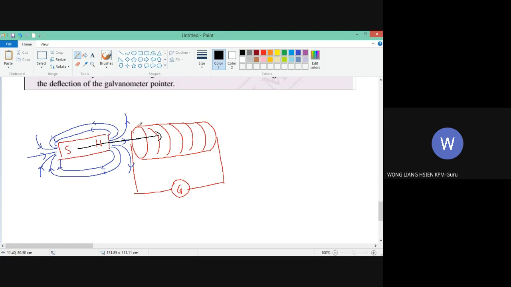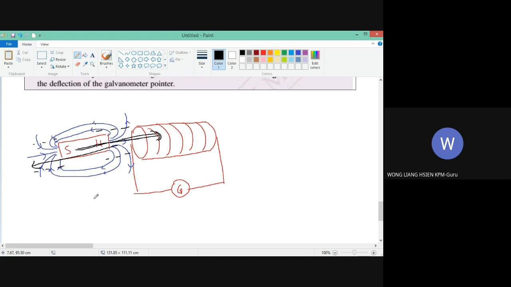That means this coil of wire will cut the magnetic flux. So when you move the bar magnet in or out of the solenoid, you will have relative motion between the magnetic flux and the solenoid.